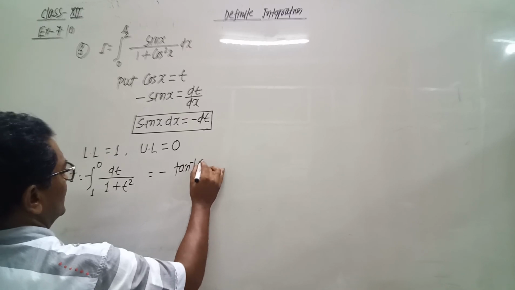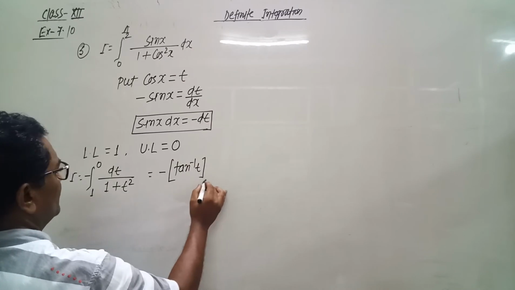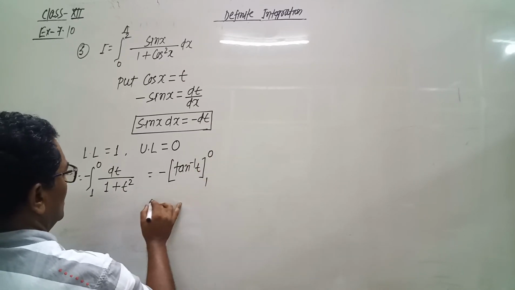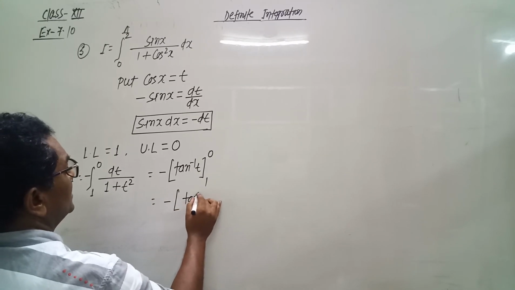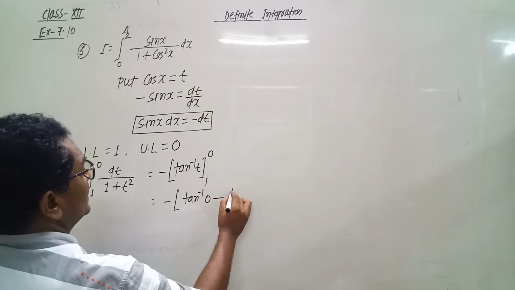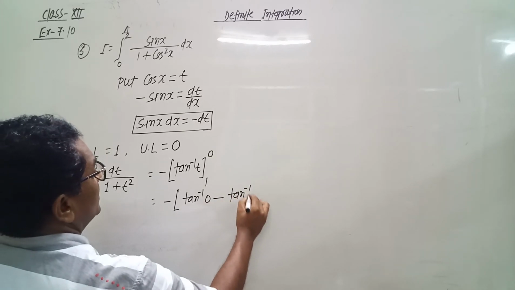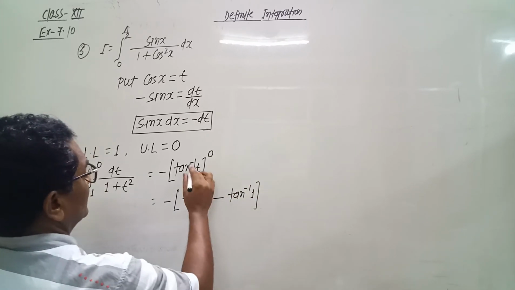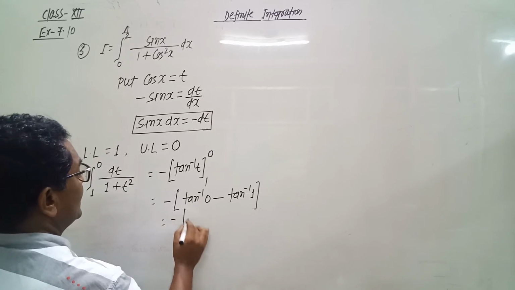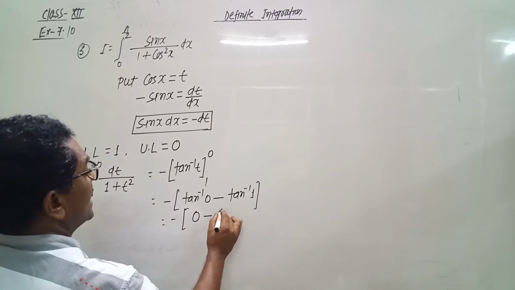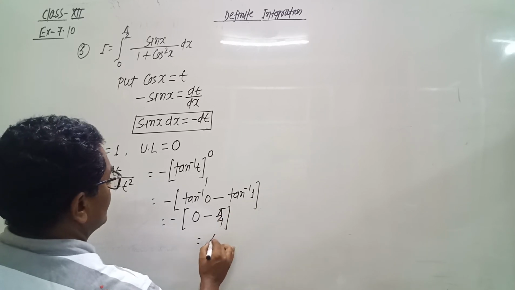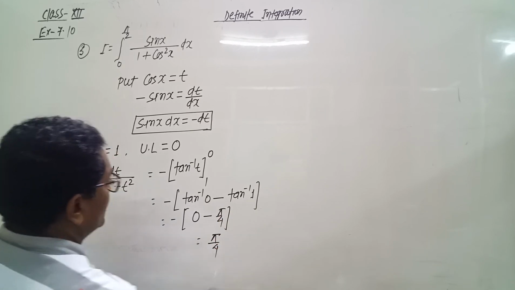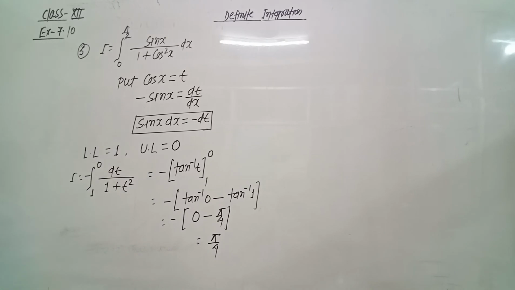So tan inverse t with limit from 1 to 0. Now put the limit: upper limit tan inverse 0 minus lower limit tan inverse 1. Tan inverse 0 is 0 and tan inverse 1 is pi by 4. Minus minus becomes plus pi by 4. So the result which we get is pi by 4.